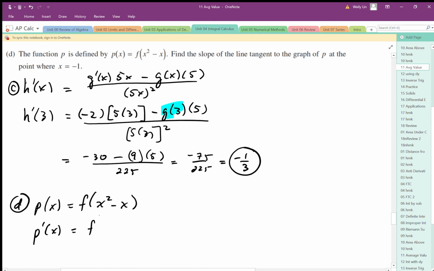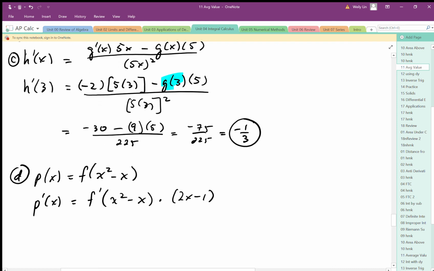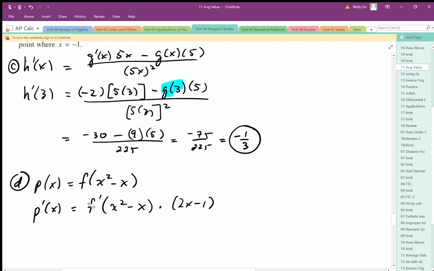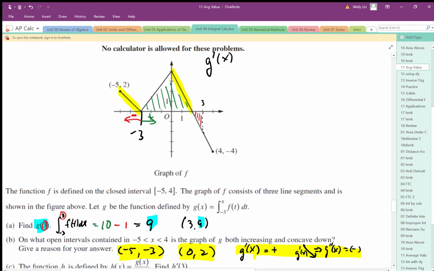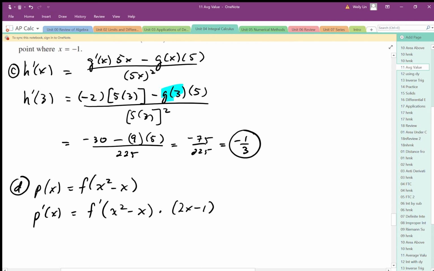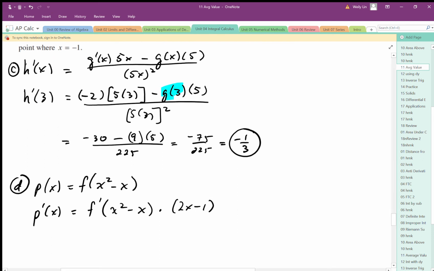I need f prime at x squared minus x, times, since it's an embedded function, I need to differentiate the inside function using the chain rule. So there it is. I need to evaluate the slope of f, which is the slope of this graph, at x equals whatever that expression works out to be.